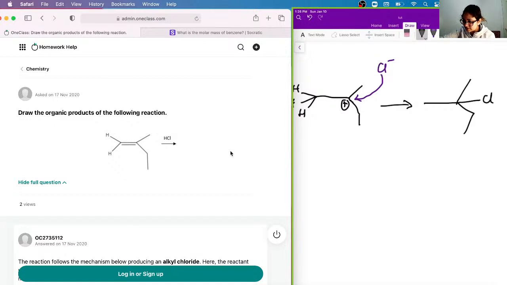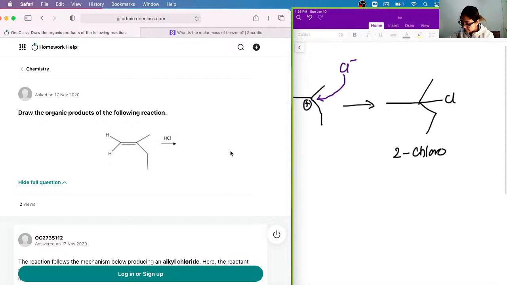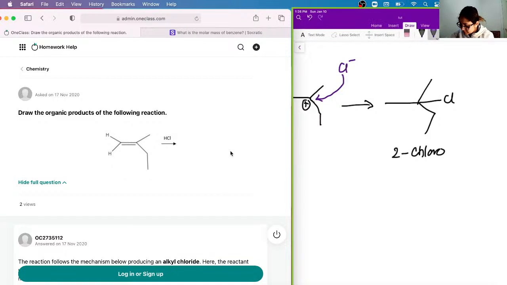So this is your product, which, as you can see, would be 2 chloro. So let's say this is your second carbon right here. I'll just write this: 2, 3, 4. So this is your methyl attached to your second carbon also.